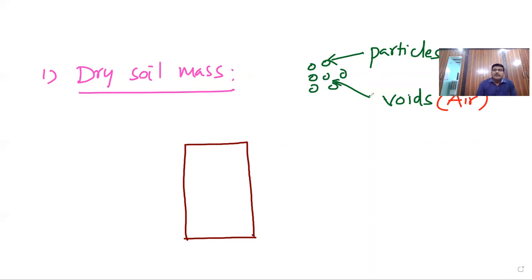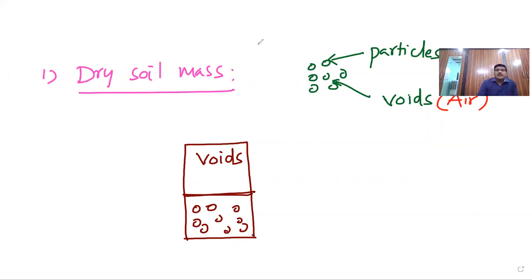So if I show this by means of a simple rectangular diagram, because two entities are there, one is particles, the other is voids, I have split it into two parts. First, all these are the soil particles I am placing. Heavier, the soil particles, I have kept downwards, and above are voids. Two things I have separated.